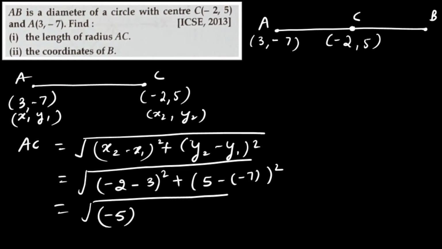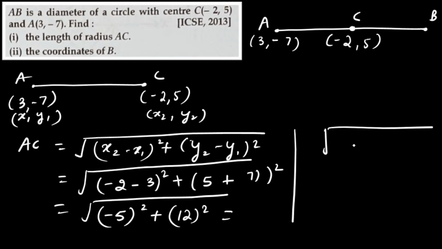So (-5) whole square plus, two minus signs together make one single sign, so minus again changes to plus. So 5 plus 7 is 12, 12 whole square. The square of a negative is always positive. So (-5) square is 25, positive 25, not negative.